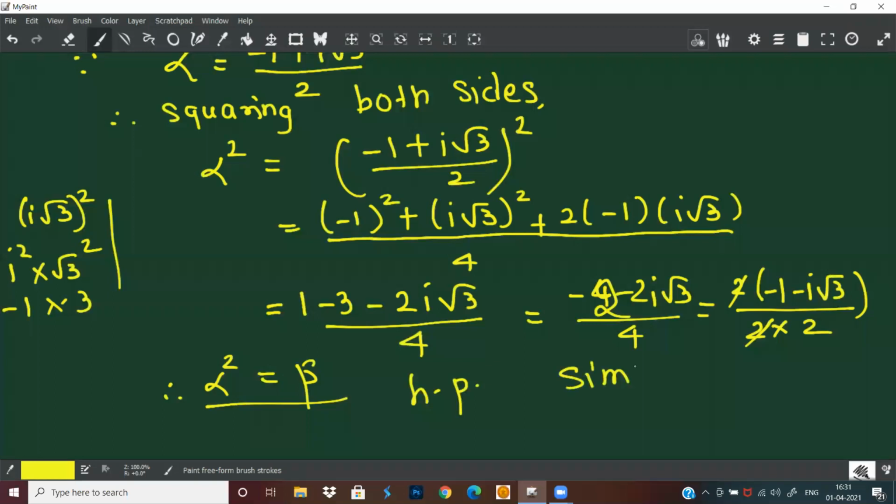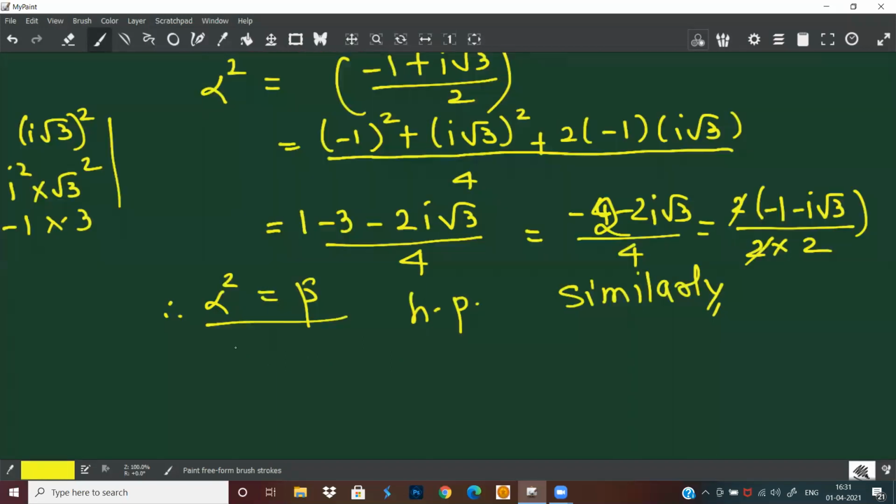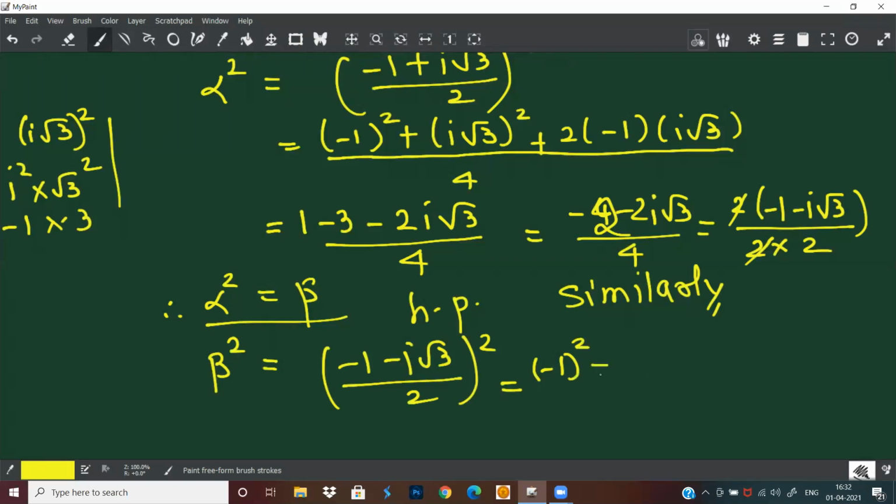Now similarly, we have to prove beta square is equal to alpha. So beta square is minus 1 minus I root 3 upon 2, the whole square. You can also try on your own. Square of the first, minus 1 squared, plus square of the second, I root 3 squared. You don't need to write this.